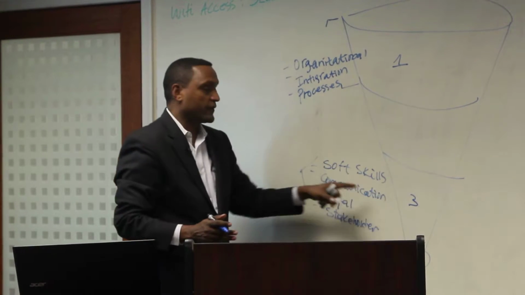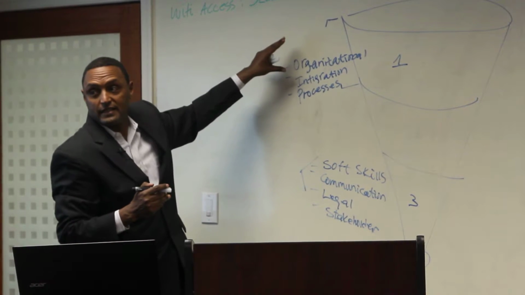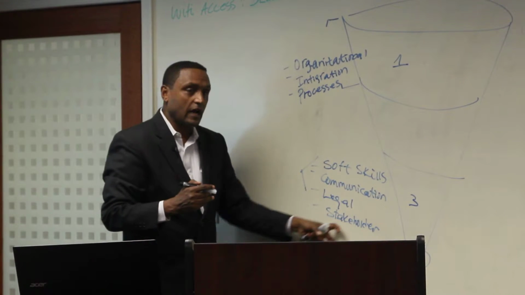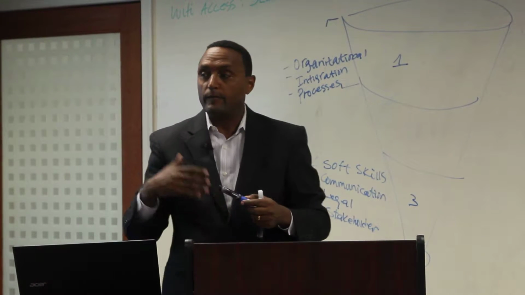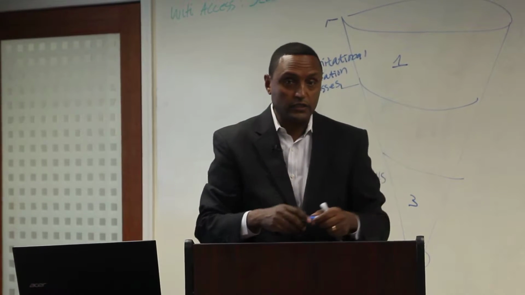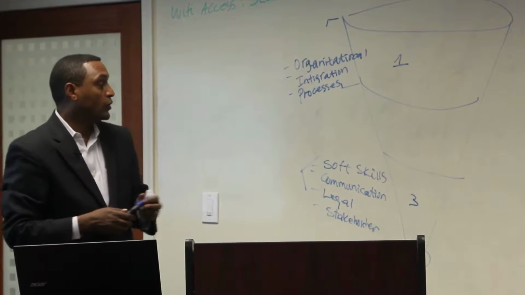So part 1 talks about the organization, and part 3 is how an individual's soft skills apply to make sure that the projects are successful and the projects are completed on time.